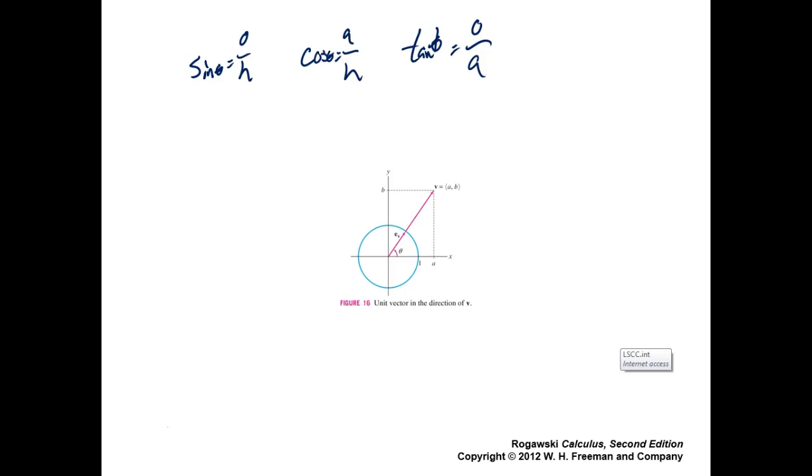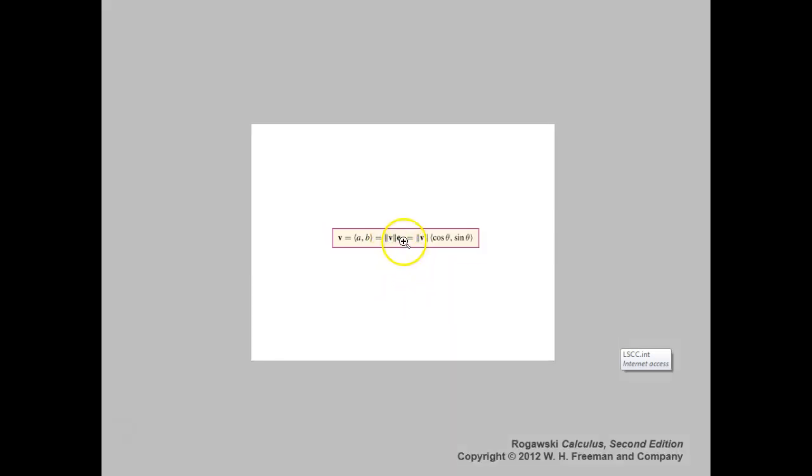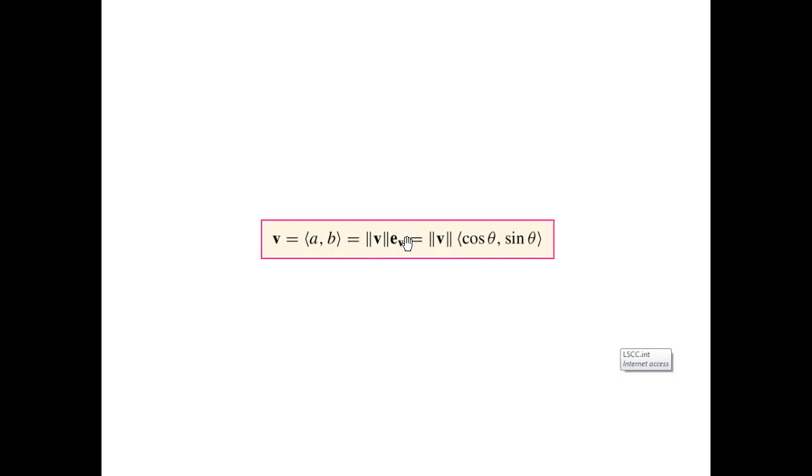Now, with that done, we know the vector V, as we already said, was (a, b). Those were the components given to us to begin with. Well, that vector V is also the magnitude of V times the unit vector in the direction of V. By the way, that's one way to express any vector: its magnitude times its unit vector.